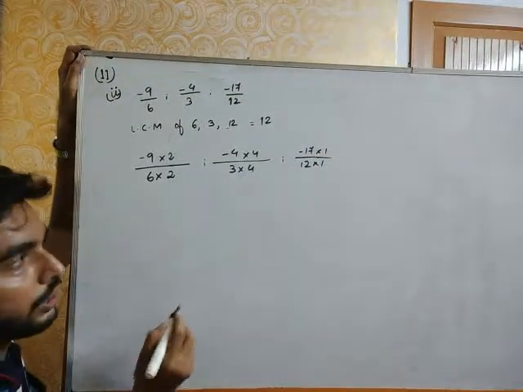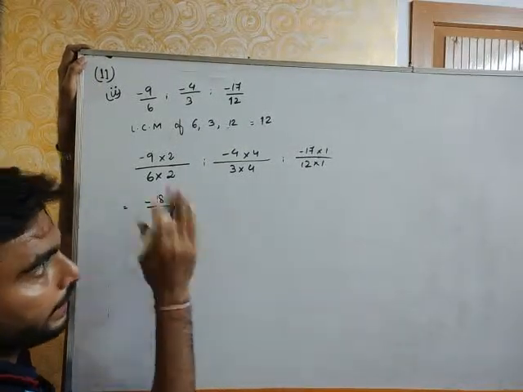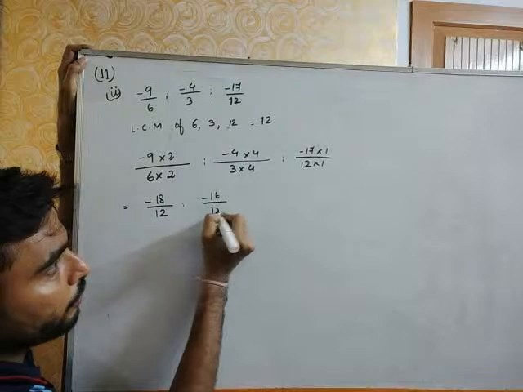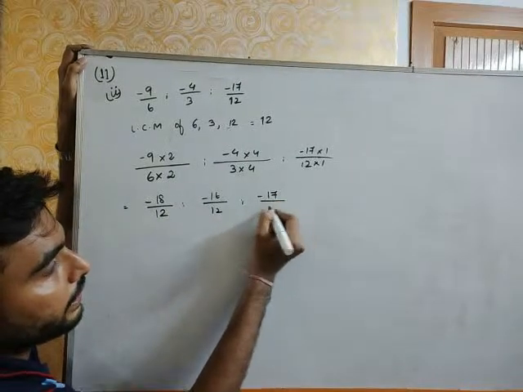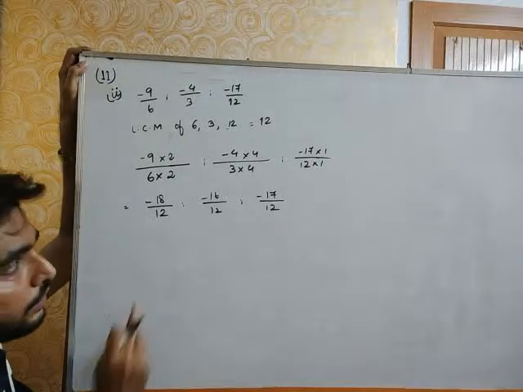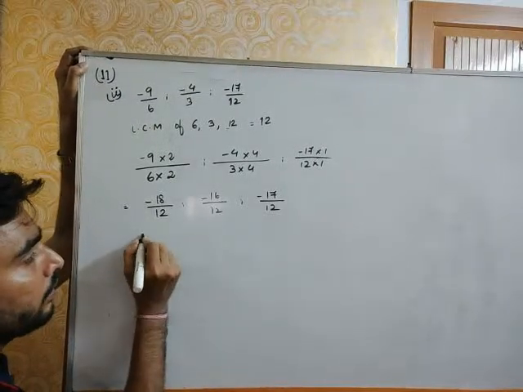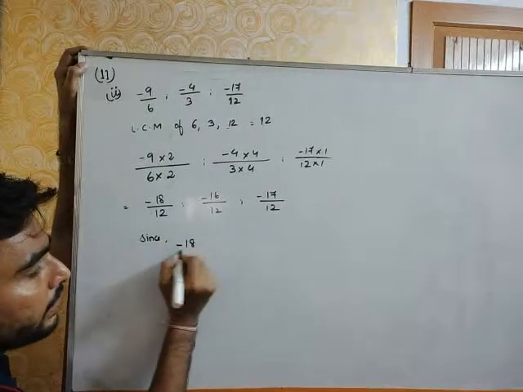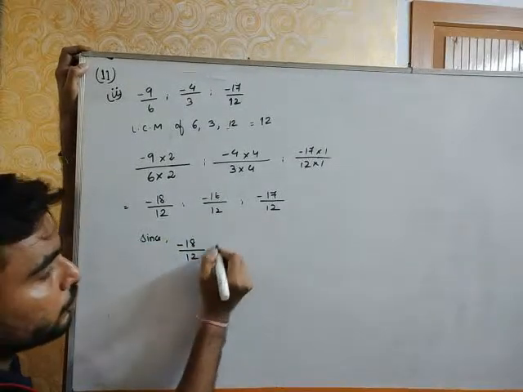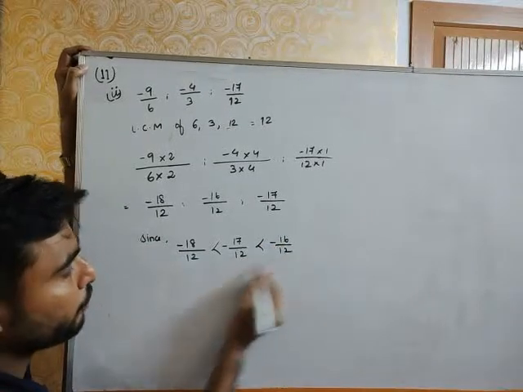Good evening, Shankha. Minus 18 by 12, minus 16 by 12, and minus 17 by 12. So you have to arrange from least to greatest. For negatives, the bigger number is smaller, so minus 18 by 12 is smaller than minus 17 by 12 is smaller than minus 16 by 12.